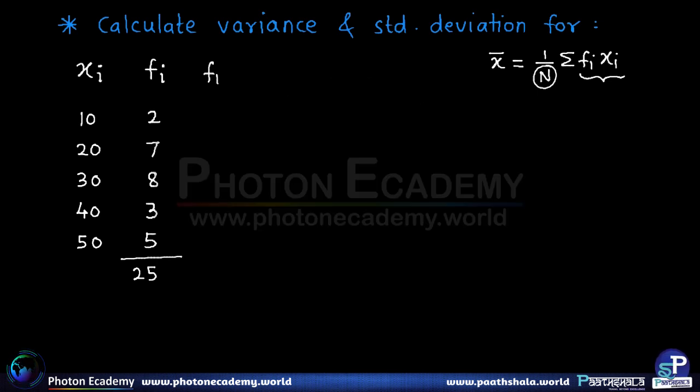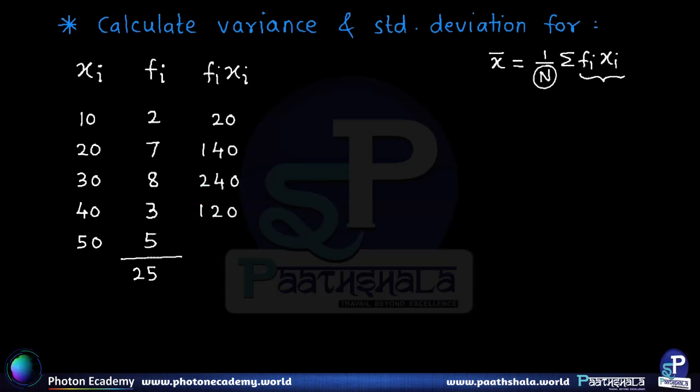So let us form a column of fi xi, and we do the corresponding products. 10 into 2 is 20, then 20 into 7 is 140, and so on. On completing the products, we take their sum, which turns out to be 770.